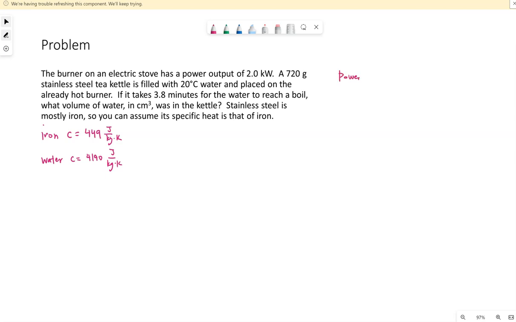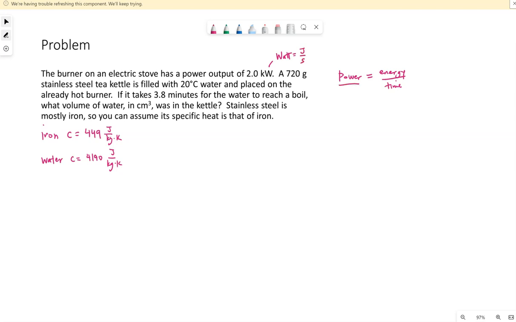Power, you might have to revisit the chapter. When did we talk about that? Chapter 9, I think it was. I can't remember for sure off the top of my head. Power, though, is energy per time. So a watt is a joule per second.